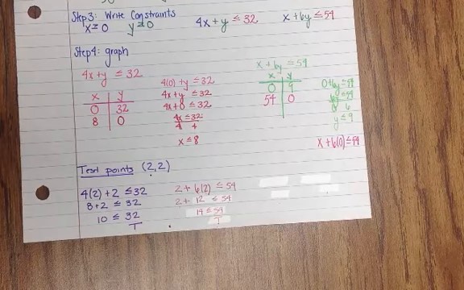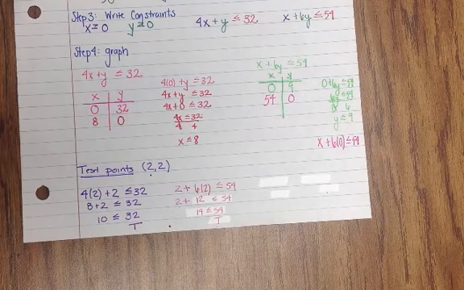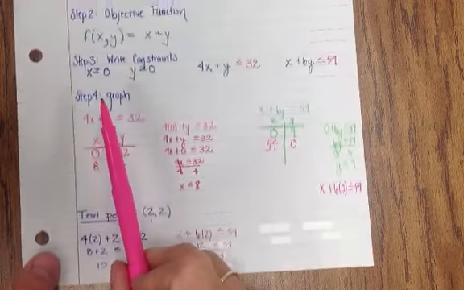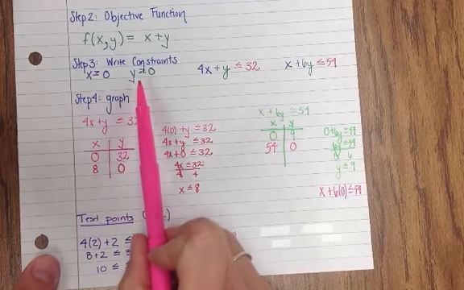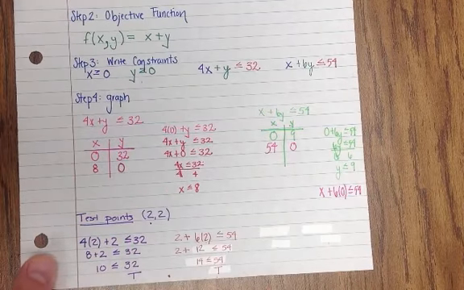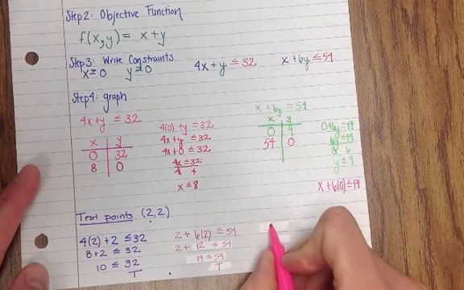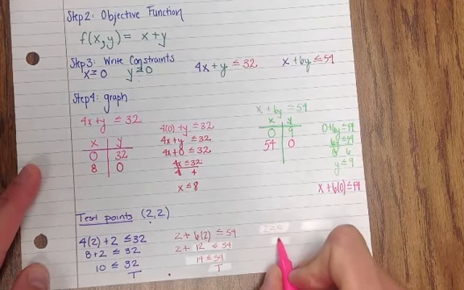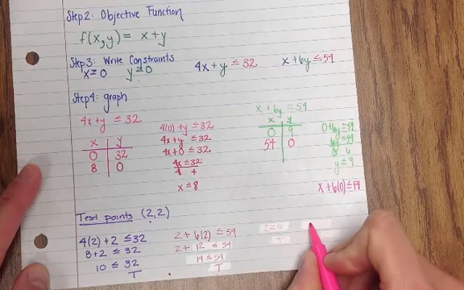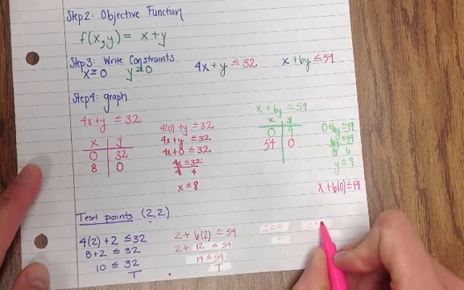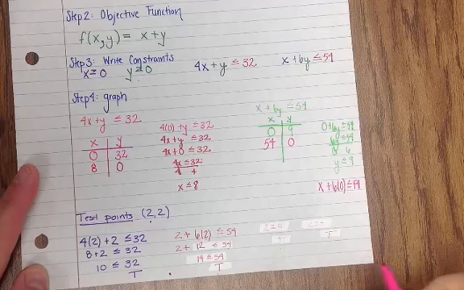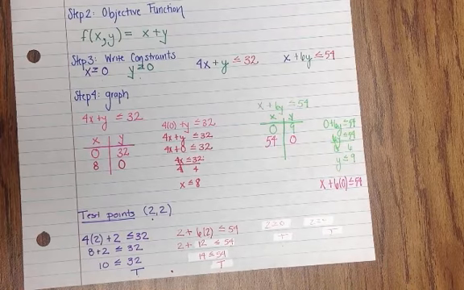Our other 2 constraints that we had was that x is greater than or equal to 0, and y is greater than or equal to 0. So we're testing 2, so to test our x, is 2 greater than or equal to 0? That's true. And for y, is 2 greater than or equal to 0, and that is also true. So we have 4 true statements.